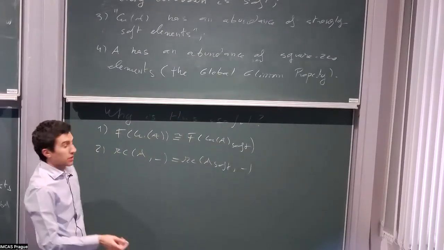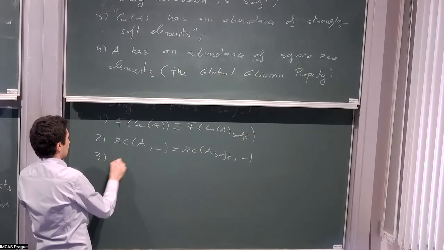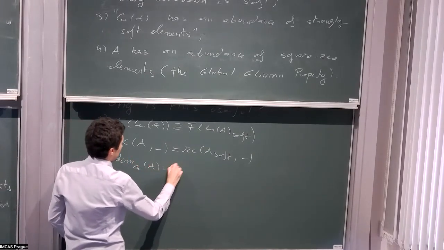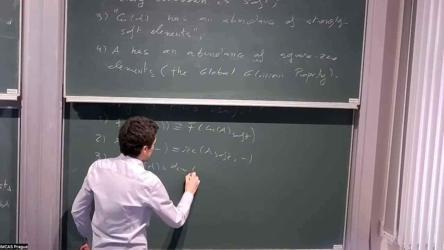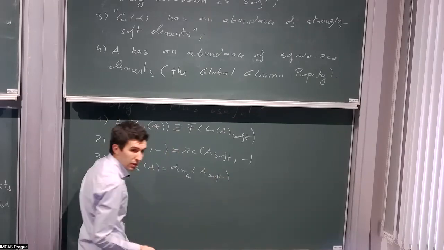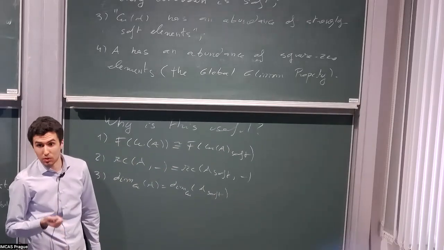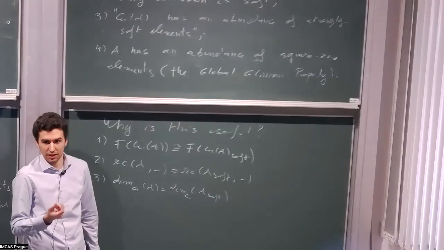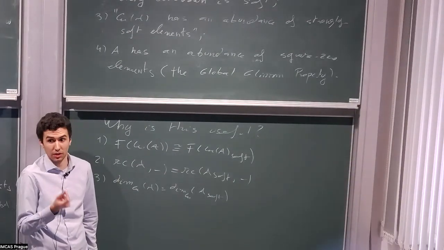And you can prove many other things. You can show that the Cuntz covering dimension of a C*-algebra is the same as the Cuntz covering dimension of its soft part. Not only this, but you can show that given any x, if you take its rank, then it's actually the rank of a soft element.